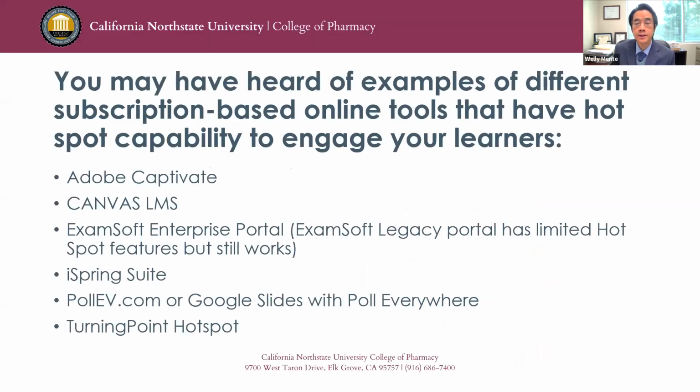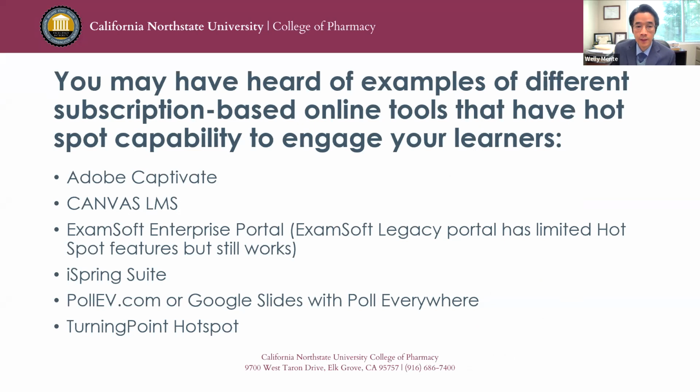So you may have already heard of examples. Some people in the audience may have already heard of examples of different subscription-based online tools that have hotspot capabilities to engage student learners. We know out there in the world there's already Adobe Captivate, Canvas LMS, ExamSoft Enterprise Portal. We here at California Northstate use the ExamSoft Legacy Portal, which has limited hotspot features, but it still works.